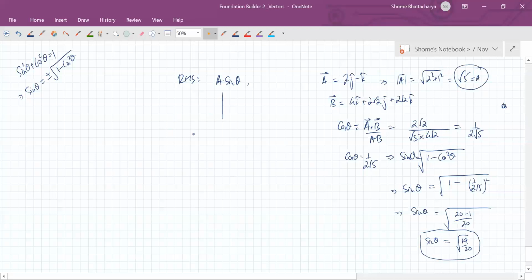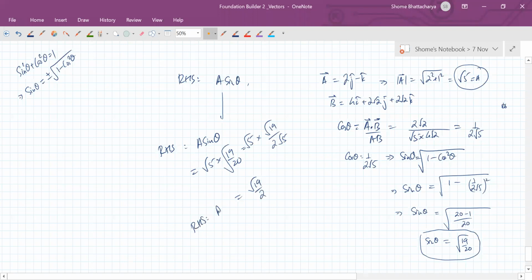So we can see that the right hand side is A sin theta equals root 5 into root of 19 by 20. So that is root 5 into root 19 by 2 root 5. So that is square root of 19 by 2. Okay. And we had just seen the left hand side. Okay.